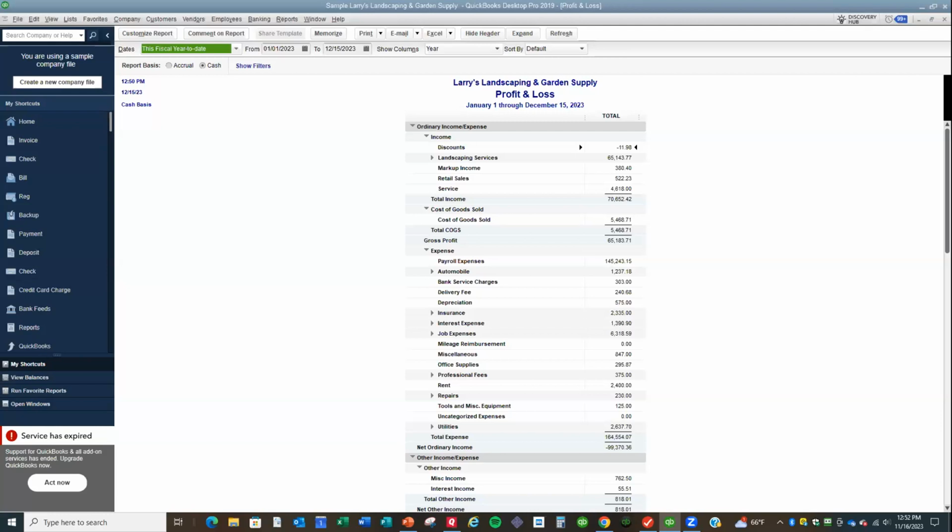There is a way to import things into QuickBooks. It's another one I would have to look into. Yes, there is a way, but you'd have to know how to set up the Excel spreadsheet to interface exactly in there.